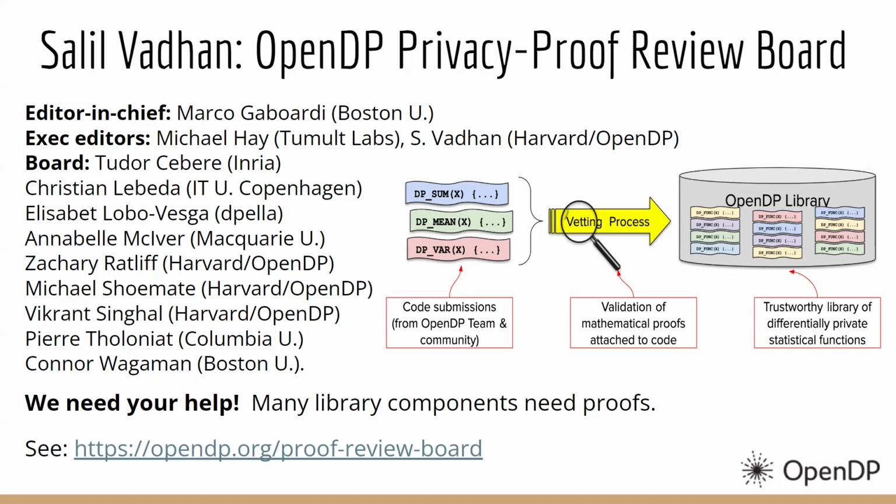We're using language corresponding to the editorial boards of research journals. Michael, Hay and I will be executive editors, and listed here is a great collection of volunteers from the community who have agreed to serve on the board and bring many different kinds of expertise, both in code and in the mathematics of differential privacy.